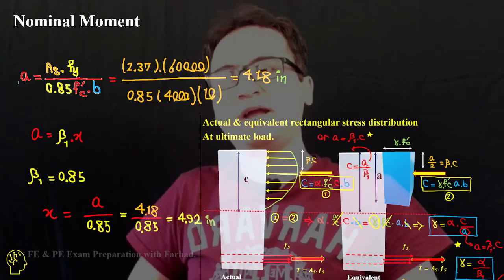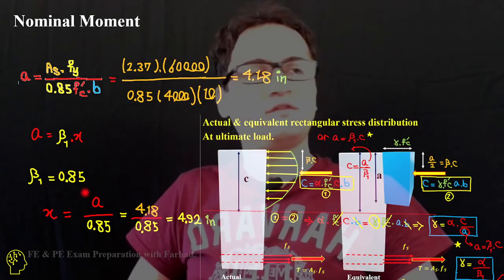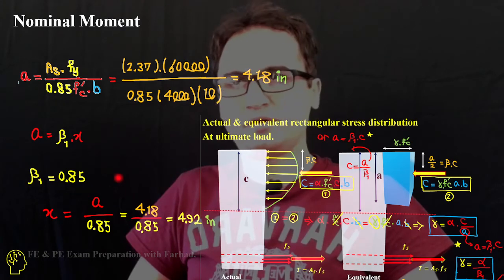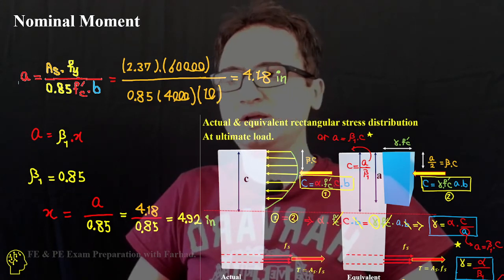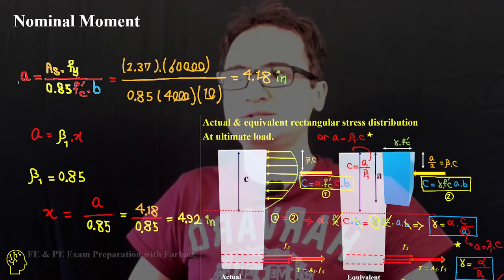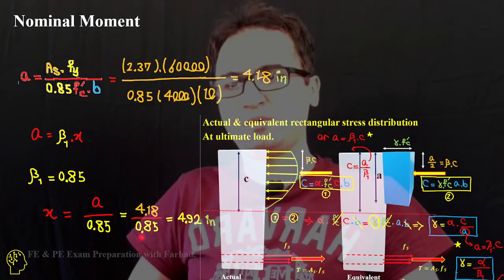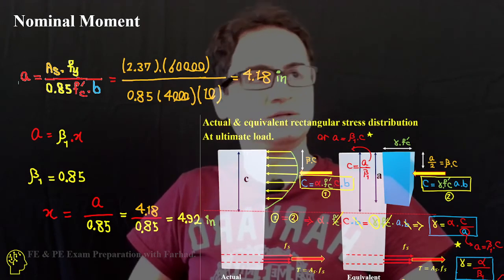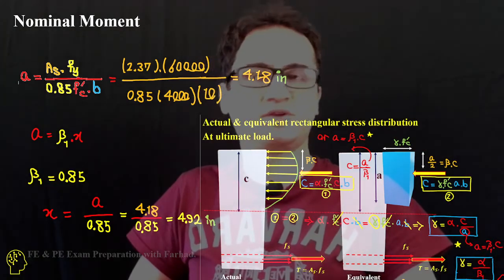So if a is equal to beta times x, then beta is 0.85 for f'c equal to 4000 psi. If you rearrange the equation, x is equal to 4.18 over 0.85, and that's 4.92 inches. So that's the distance from the top edge to the neutral axis.